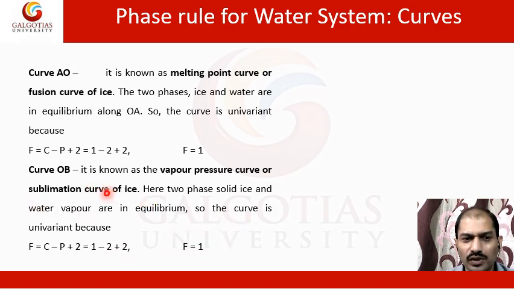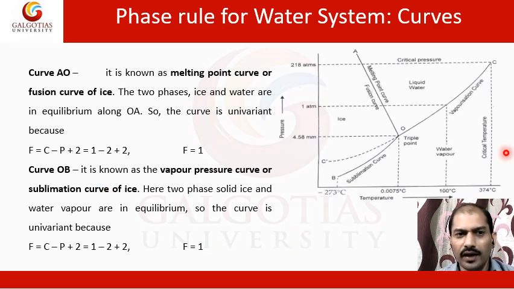In the case of the sublimation curve also, you can check whether it is multivariant or univariant. This is also a univariant curve. By this way you can find out for curve AO and curve OB. This is the fusion or melting curve AO.